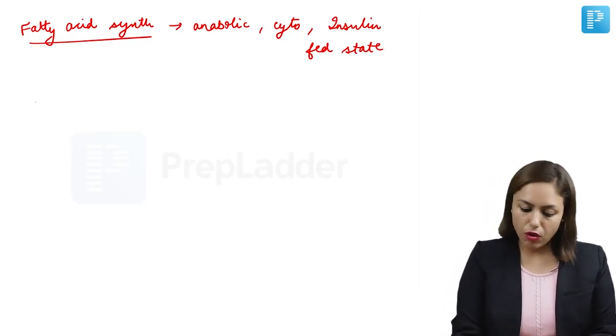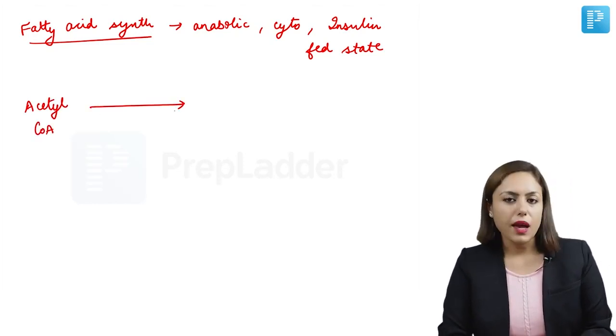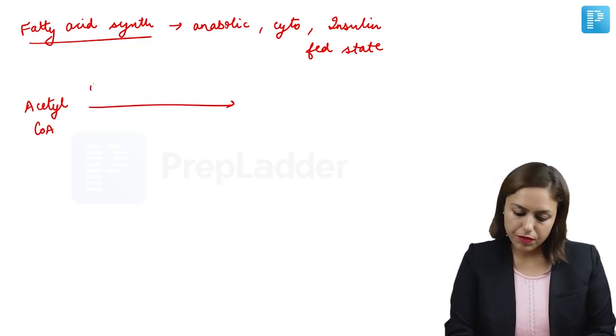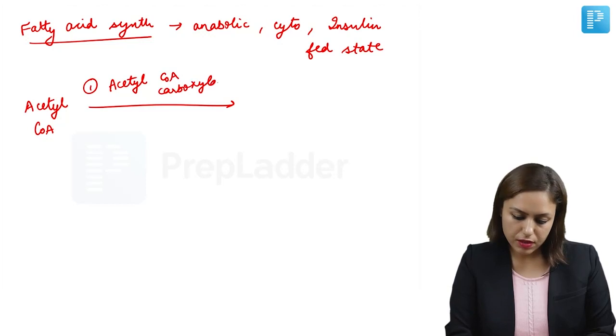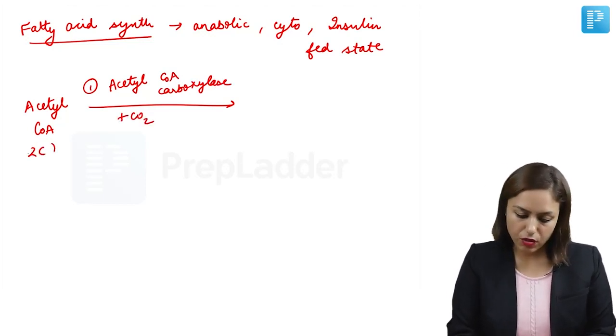The starting material of fatty acid synthesis is acetyl-CoA, and there are only two enzymes in fatty acid synthesis. The first enzyme is acetyl-CoA carboxylase, which will add carbon dioxide to acetyl-CoA.